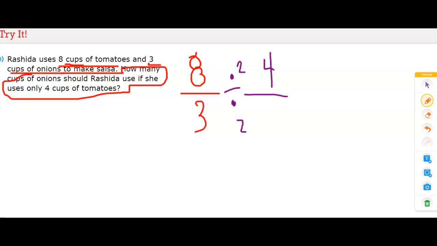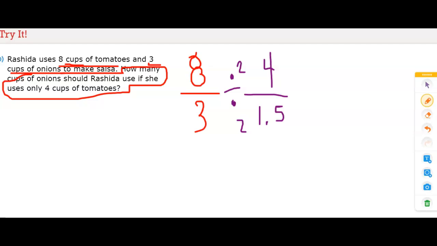So I'm going to divide by 2 for my numerator of 8 and my denominator of 3. So 3 divided by 2 is going to give me 1.5. If you divide 3 in half, it is 1.5 plus 1.5.